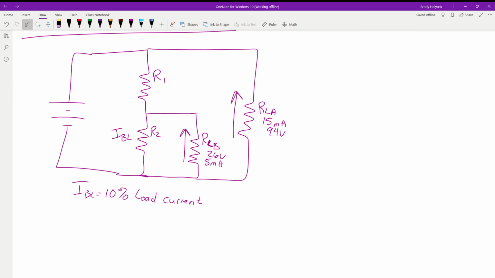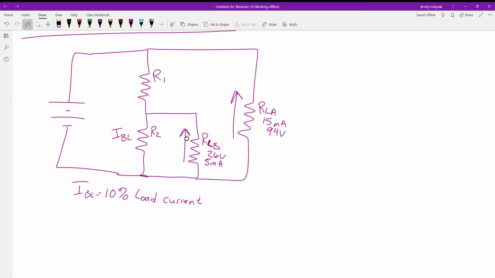So 90%. The current going through here is load current. Anything that's being used by the load is going to be the total load current. And that's the first thing we have to do, because we don't have quite enough information to solve for the circuit yet.